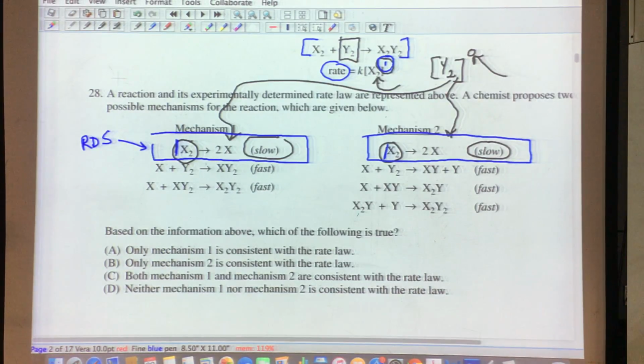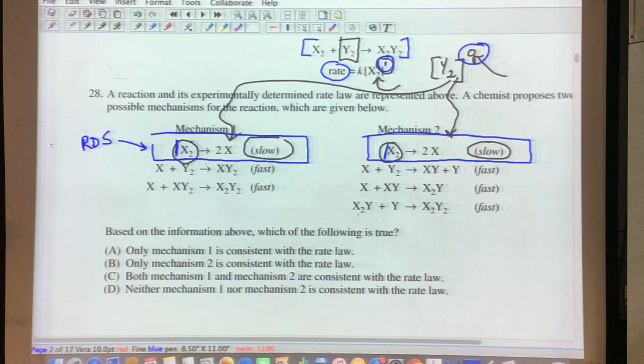So again, both of these mechanisms are showing the slowest step only having x2, not y2, because y2 is a 0 order, it's not written, so it's not part of the elementary step that the whole mechanism or reaction process depends upon. So I find the slowest step, I use the coefficients of the slowest step because it's elementary.